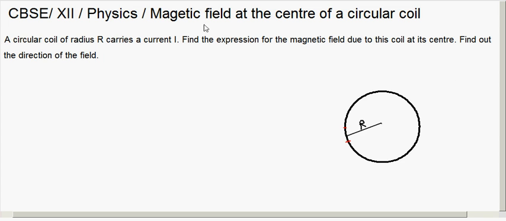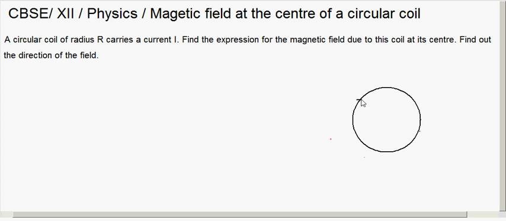They have not given the direction of current, so we will assume a clockwise direction of current I. Let me draw it once again.